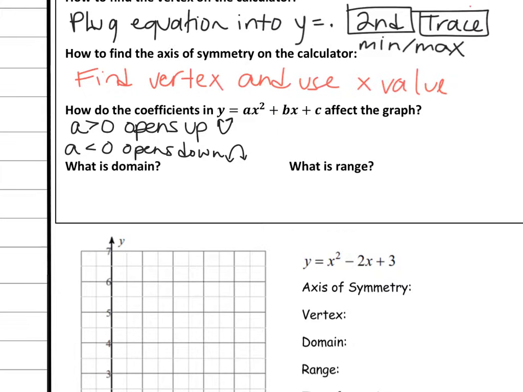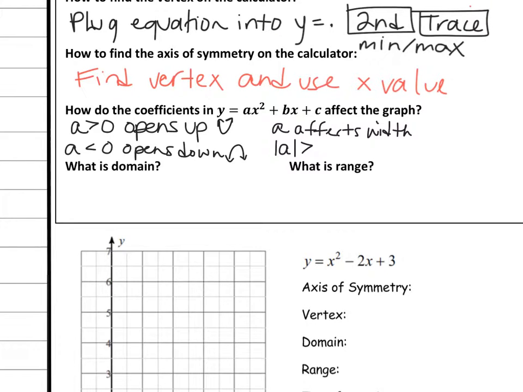A also affects the width. What happens if the absolute value of a is greater than 1?